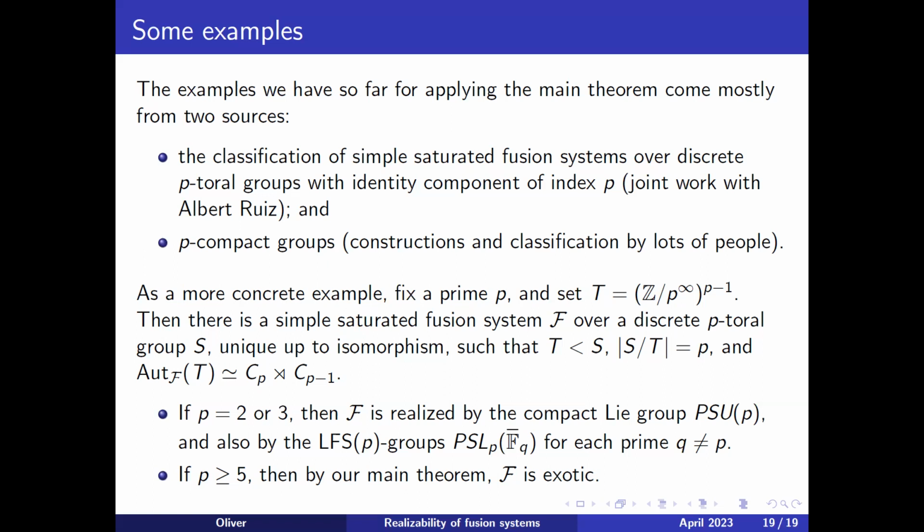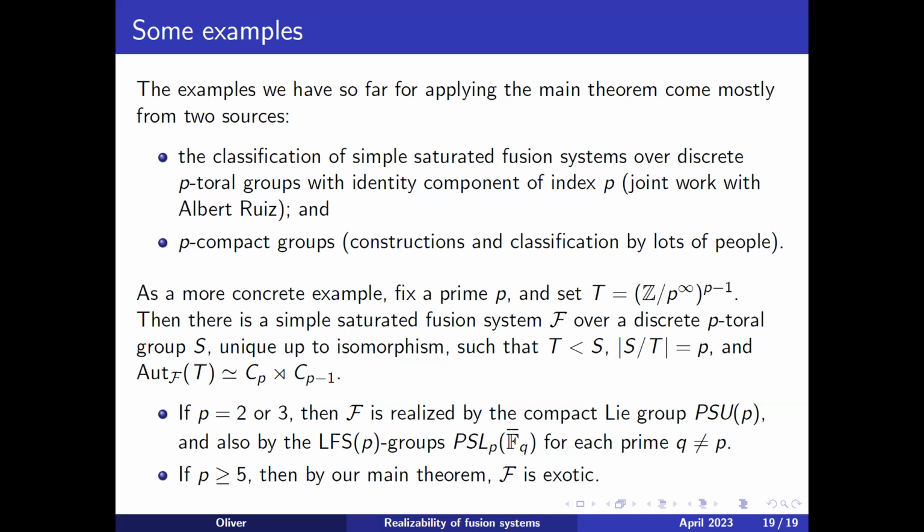Well, that was the context in which Dwyer and Wilkerson first started looking at discrete P-toral groups. If I remember correctly, they looked at both discrete P-toral groups and P-toral groups, and I think they found it useful to work with both. I forget the exact details.